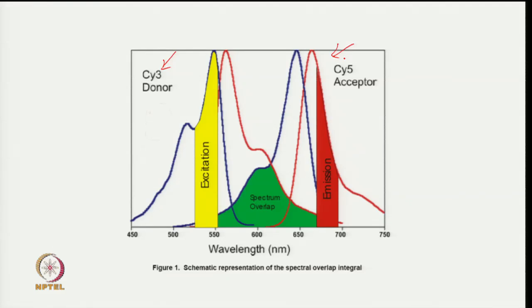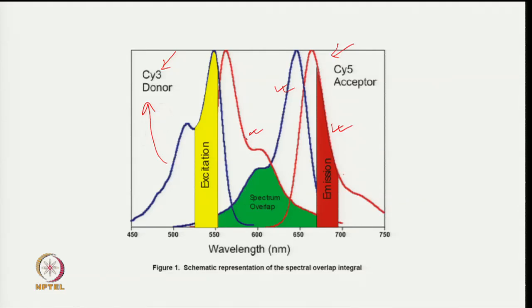This is your excitation, this is your emission spectra, and this is your absorption spectra for Cy5, this is emission spectra for acceptor. So, blue one is absorption spectra or excitation spectra of Cy3 donor, this is emission spectra of Cy3 donor, this is absorption spectra of Cy5 acceptor, and this is emission spectra of Cy5 acceptor, and this is your overlap integral.